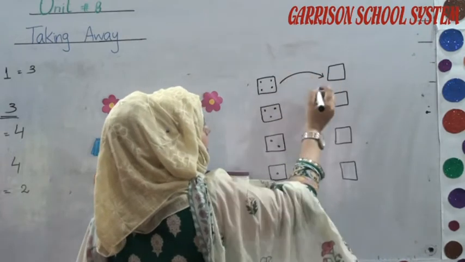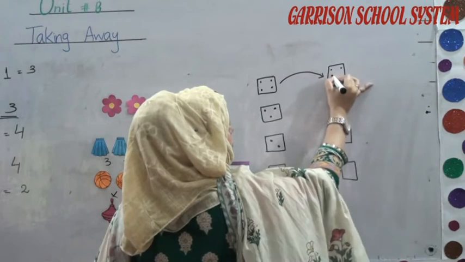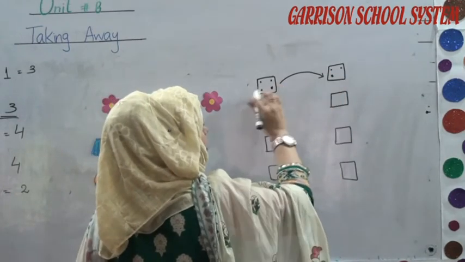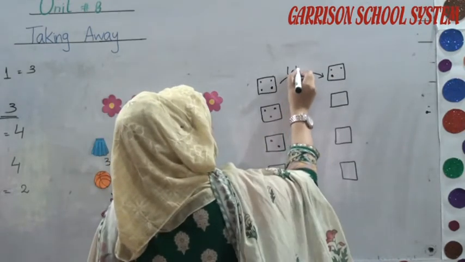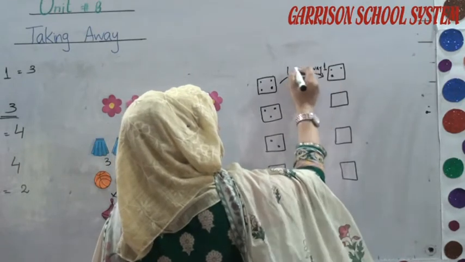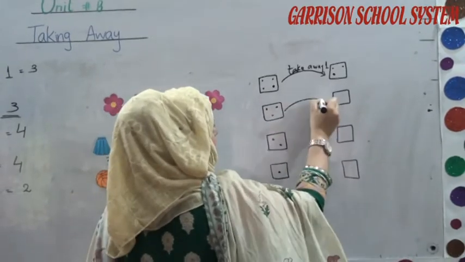We took 1 out of it, so how much will be left behind? 1, 2, 3. Because we minused 1. So here we minused 1 from 4, so we will be having 3. Okay?